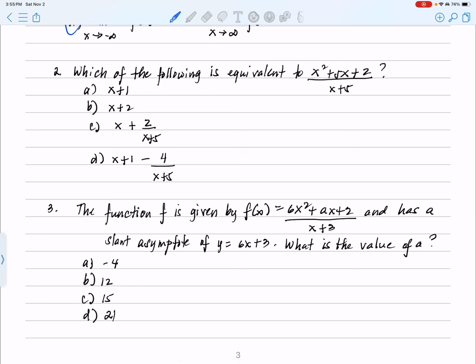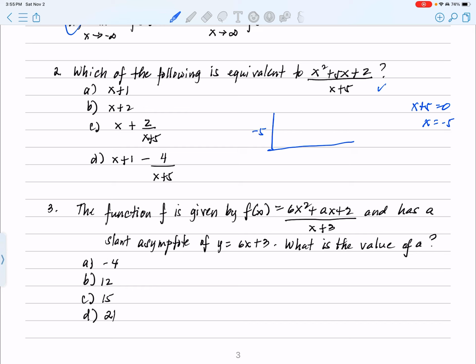Think about what the choices are talking about. It's talking about division. Since it's linear, it's much easier for us to do synthetic division. If x plus 5 equals 0, then x is negative 5.